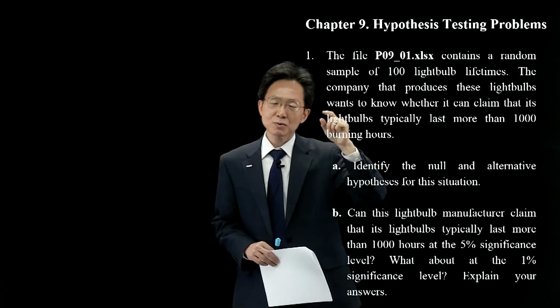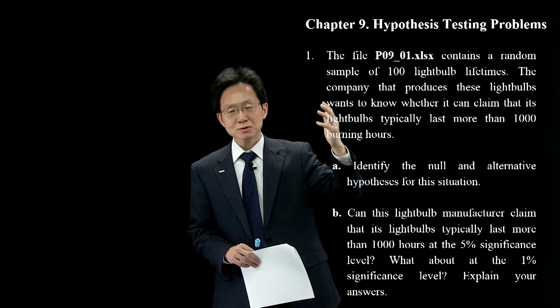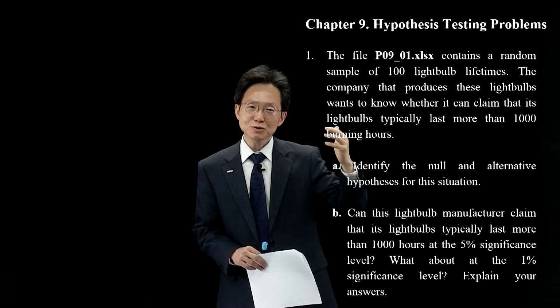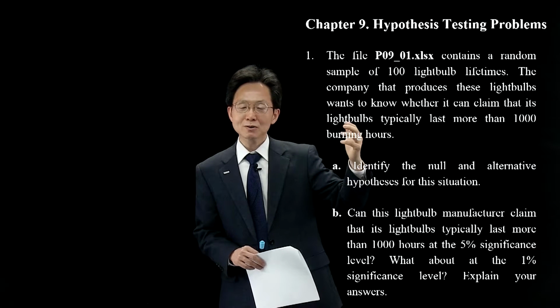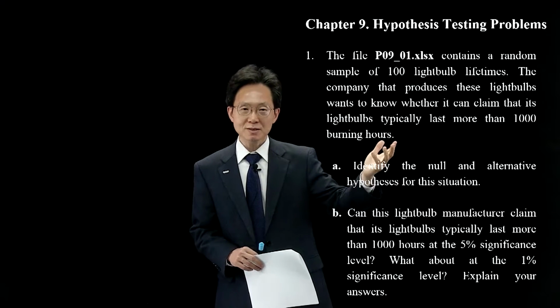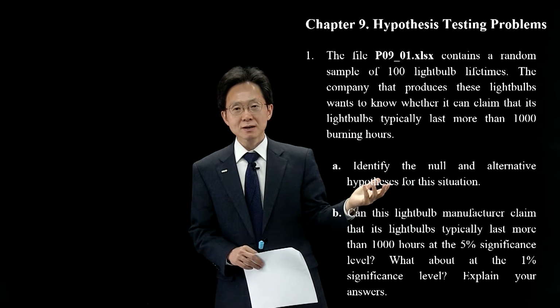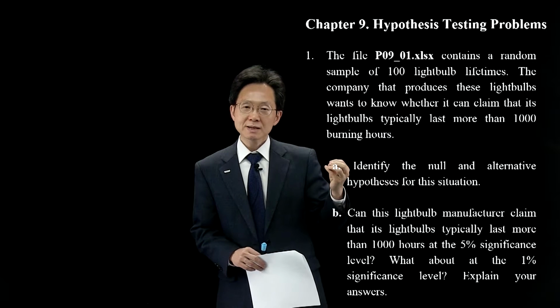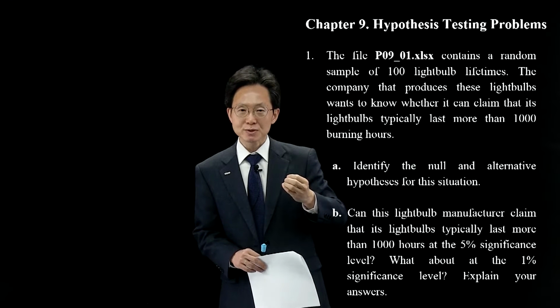Sometimes, when you introduce a new product or make certain new services, you have to make a certain statement. In other words, you have to show how durable your product is, how reliable your service is, and so on and so forth. And the customers require more objective evidence to support your statement.